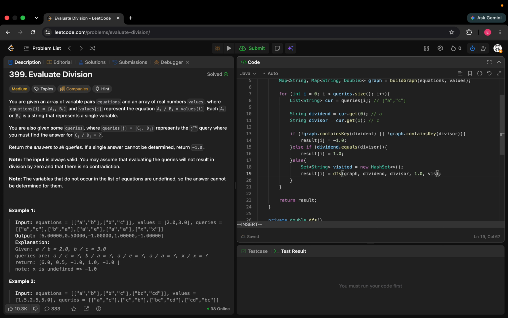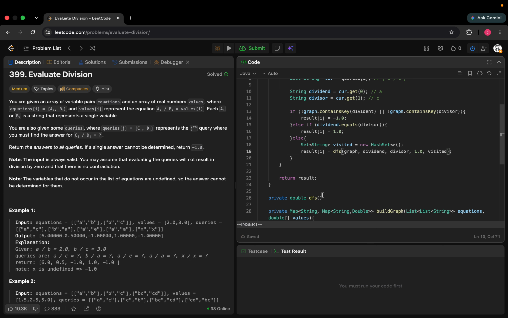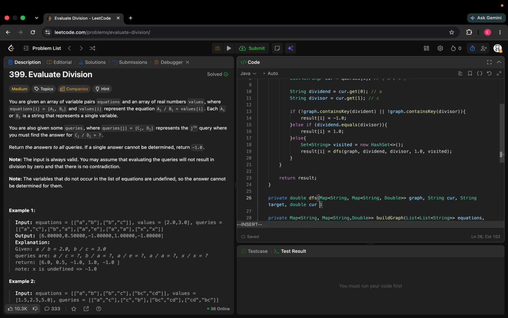Visit. This is enough. The string is target, what we need to find, and for here is double cur prod, and set a string.